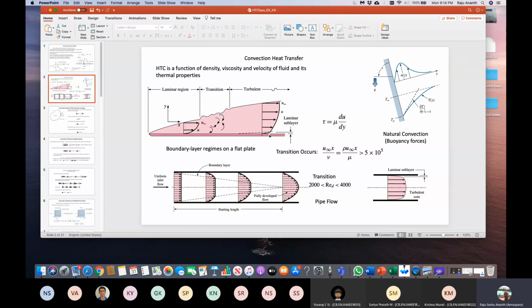If I want to get the heat transfer coefficient, I need to get this slope, the real one, not this slope. So then the boundary layer builds up, that is the velocity profile, until it reaches the mainstream flow velocity, u infinity.